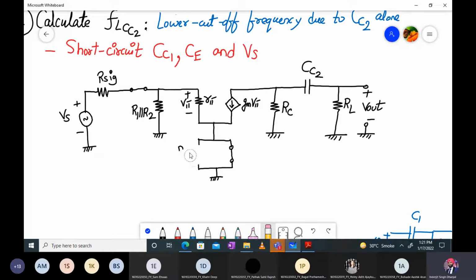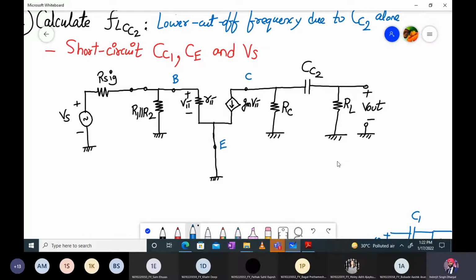In short, we have a situation wherein my emitter terminal is directly connected to the ground. Let me write it very clearly: this is my base terminal, this is the collector, and this is my emitter terminal.